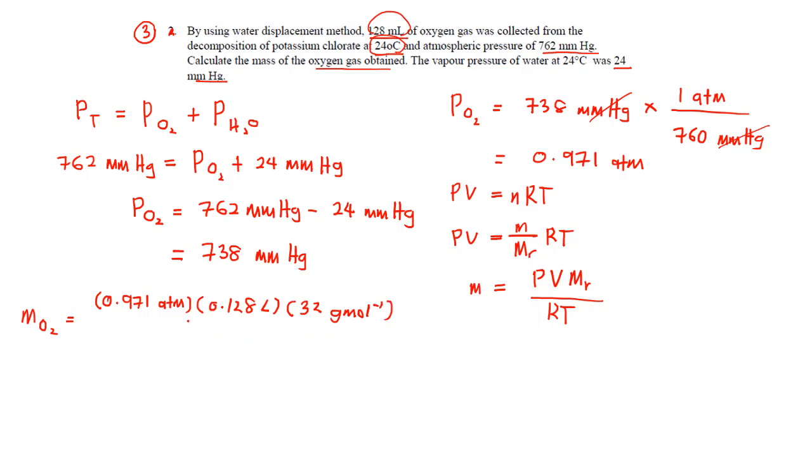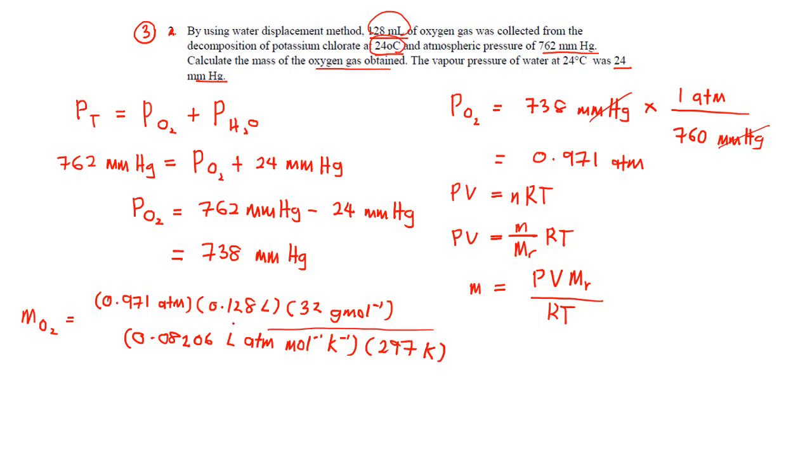And then the gas constant 0.08206, unit dia liter atm per mole per Kelvin. And then the temperature is 24 degrees Celsius, you have to change to Kelvin, you must plus 273 lah, so you should get 297 Kelvin.